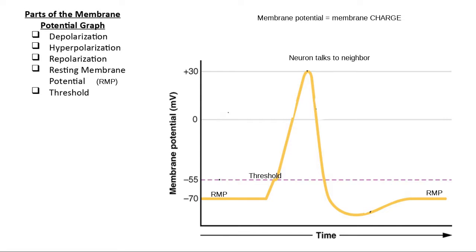That happens here at the top when I get to a charge of +30. The only way I can get to a charge of +30 is first, I've got to get to this threshold value. Once I get to this threshold value, I go through this process I see right here. What's this process right here called? Did we label this part of the graph over here?